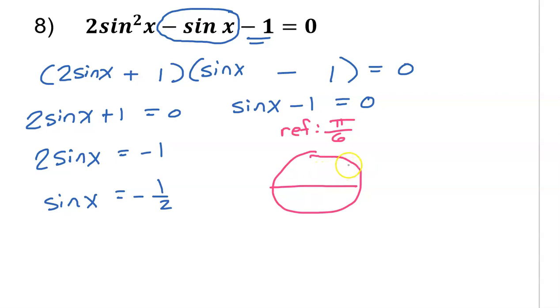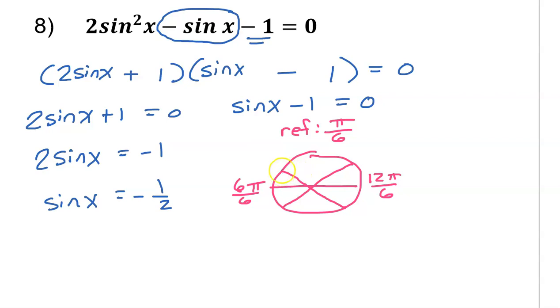So there are 4 angles that have a reference angle of pi over 6, 1 in each quadrant. In honor of the reference angle, I can call pi, 6 pi over 6, and 2 pi can be thought of as 12 pi over 6.